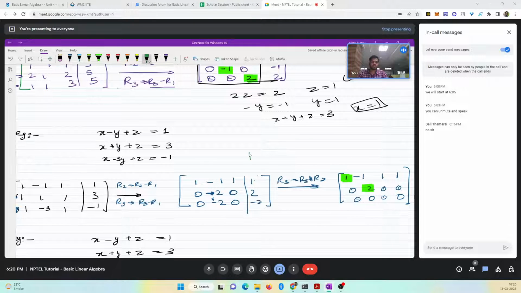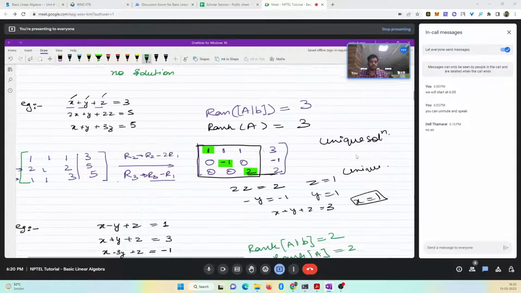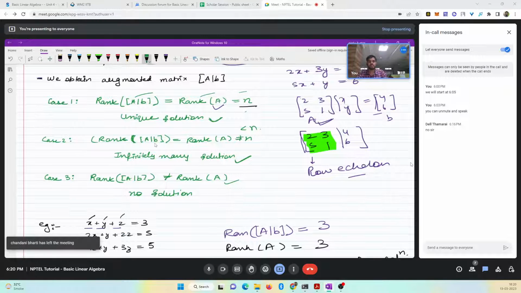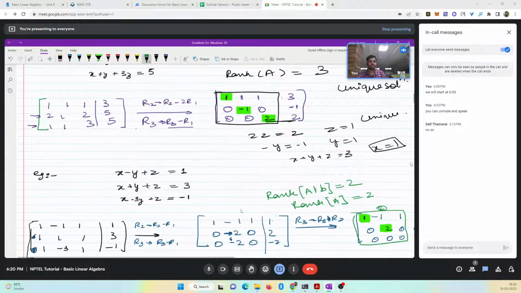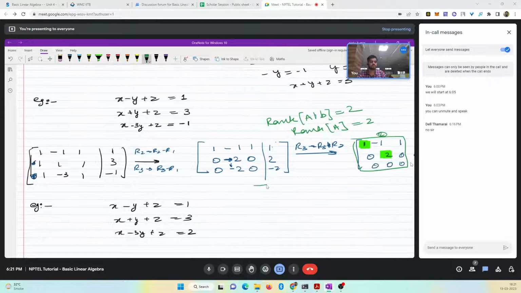So what is the rank of A given B? This is 2. What is the rank of A? Now the matrix that you reduced is this much. You got 2 pivot elements inside this also. So rank is 2. Now this is the second case, where both our ranks are the same, but that rank is strictly less than n. So we have infinitely many solutions over here.